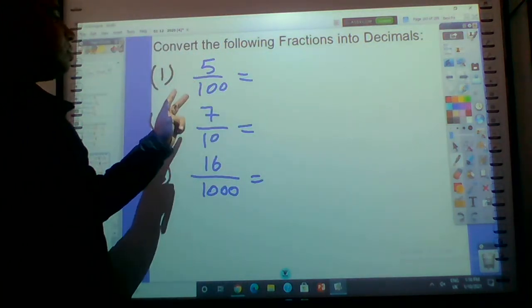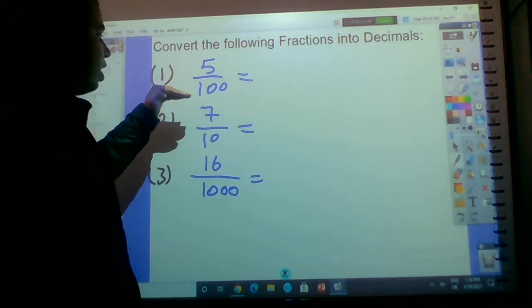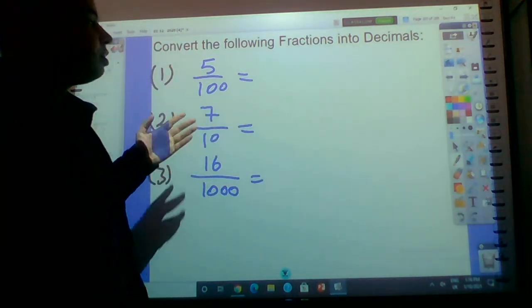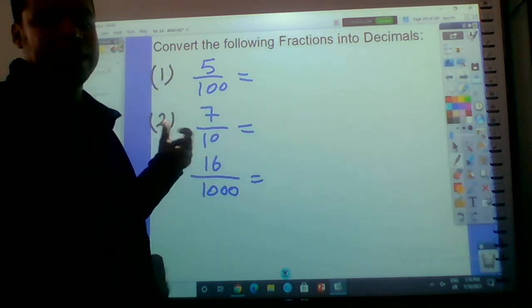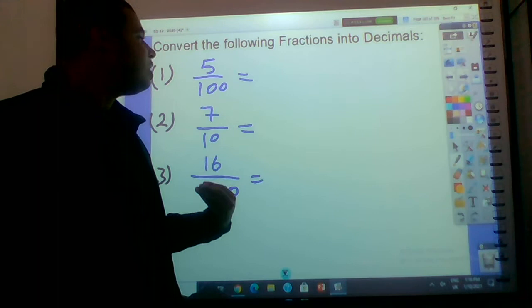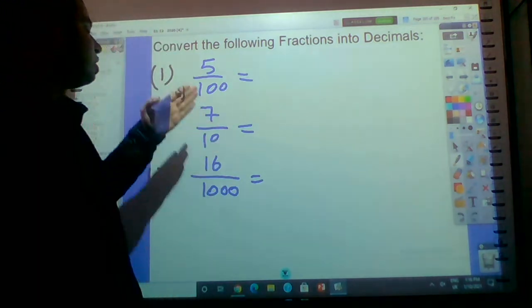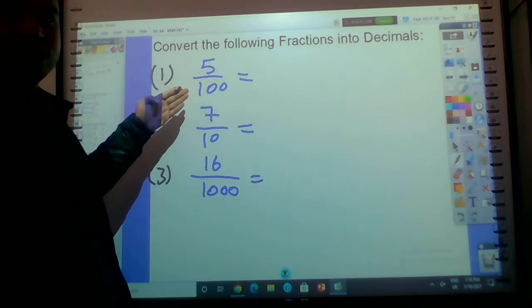Convert the following fractions into decimals. Now it is different. Now the denominator is 10, 100 or 1000. It all depends on the same thing, exactly like the decimals: reading the fraction. How can we read the fraction? 5 hundredths.